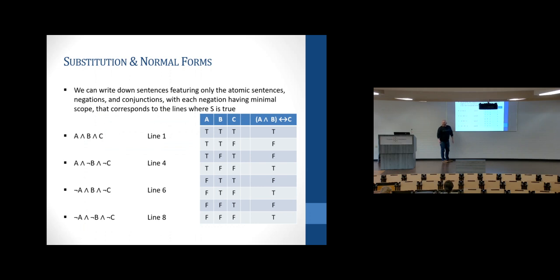And you can guess the next step. The next step is we take these and we put disjunctions in between them. And here's the really cool thing. By doing it this way, we guarantee the sentence we produced, this with disjunctions in between them, will be true when and only when our target sentence is true.